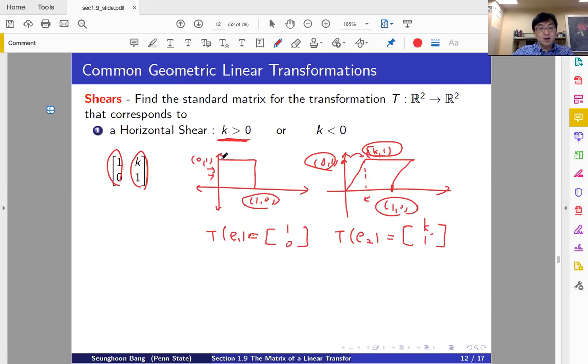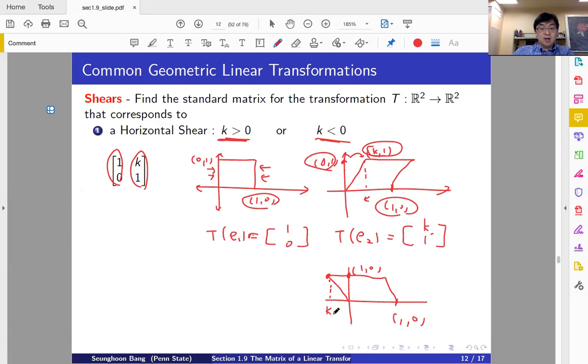What about K less than 0? You have to push from here. What does the graph look like? You push, and (1, 0) doesn't change. Like this, you can move this point (0, 1) to here.